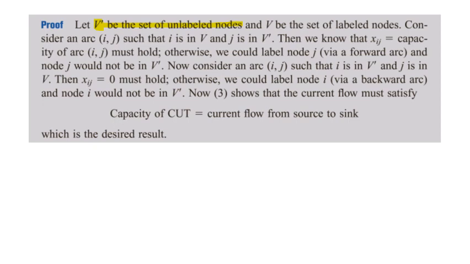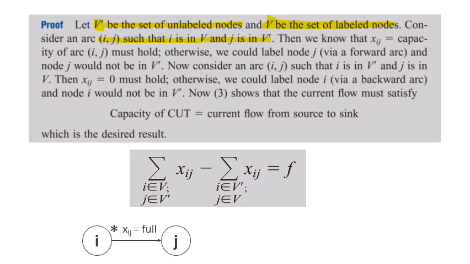And the nodes that can be labeled so far, you name it as the set V. Now let's consider an arc ij such that i is in V labeled and j is in V prime unlabeled. This is the case: you can label i, but you cannot find any way to label j. Which means that you cannot go forward.